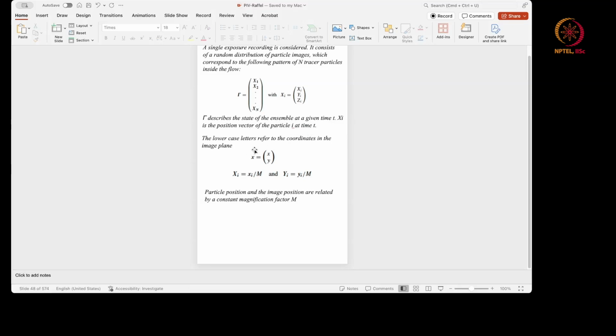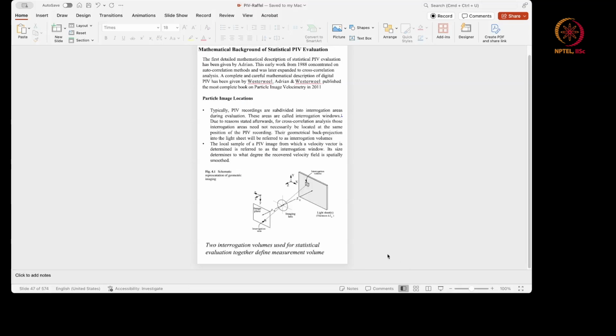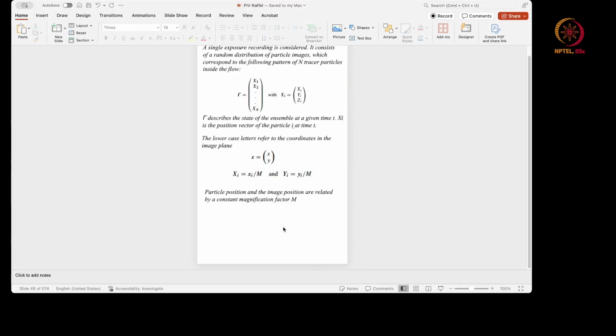The lower case refers to the coordinates in the image plane. Going back to the figure, this is the small x, y. The lowercase x, y refers to the coordinates in the image plane.